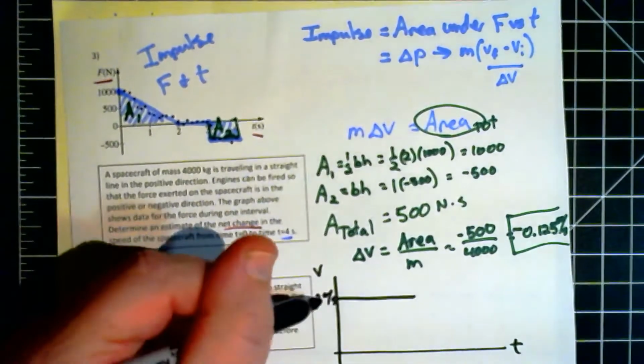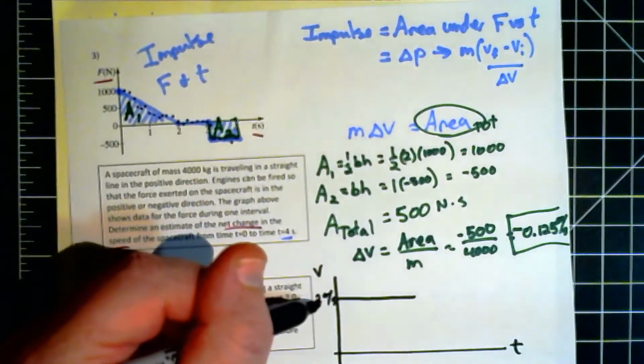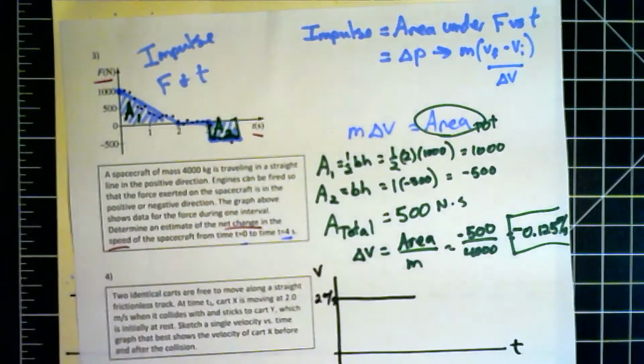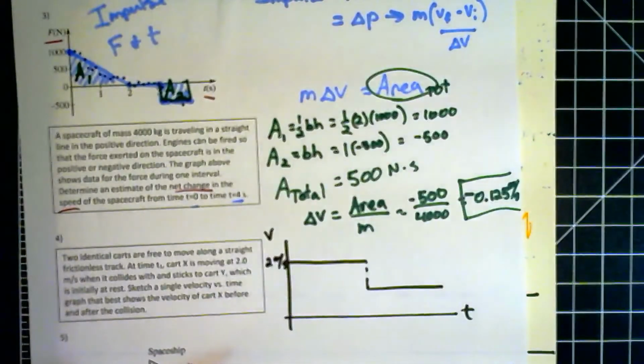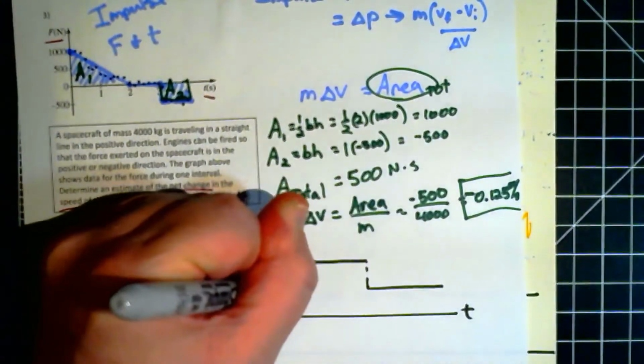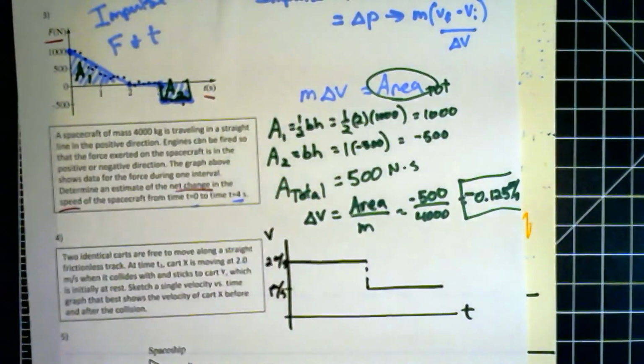So if you've got 2 meters per second with a certain mass, let's say the mass is 1 kilogram, and then all of a sudden you're sticking to something, so you're now twice as heavy because it sticks to a similar cart, then that velocity has to decrease to exactly half of the original velocity, because now you're splitting up that original momentum into 2 carts as opposed to a single one. So your scaling here for that second segment should be half as much as the first.